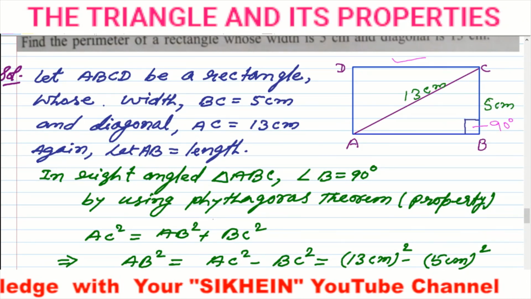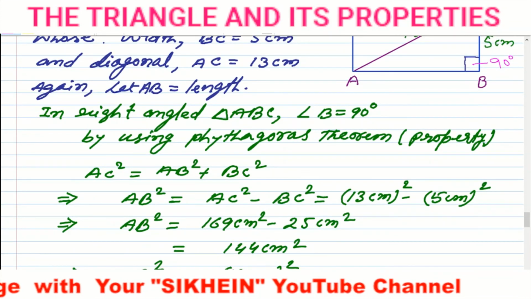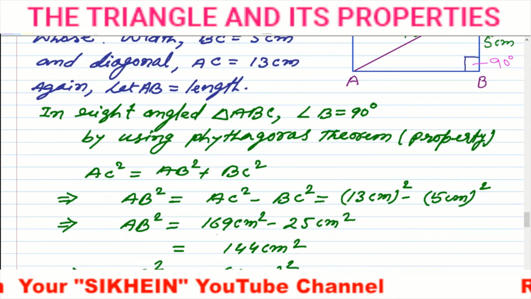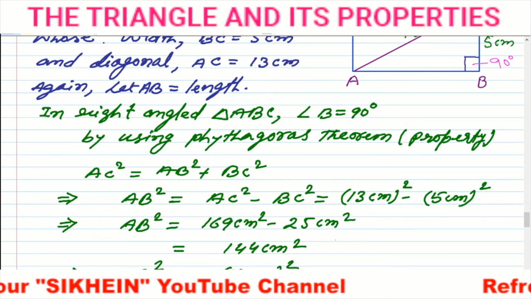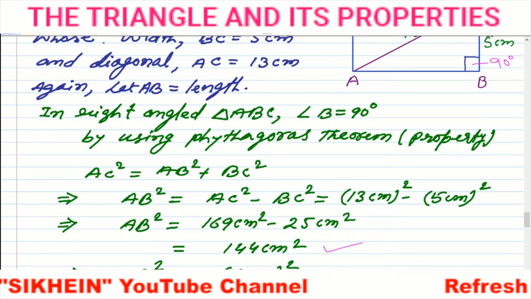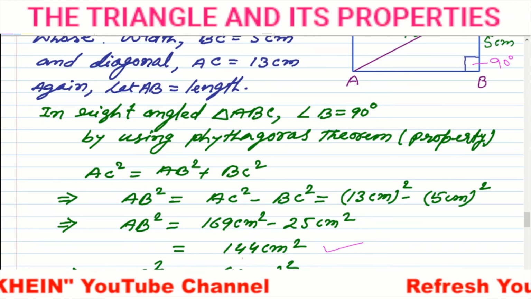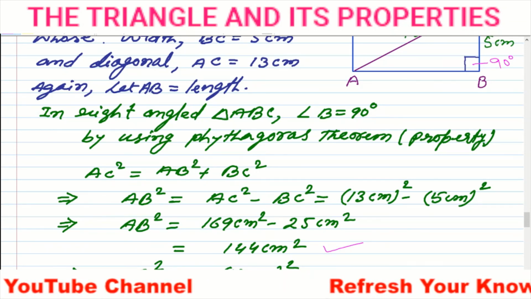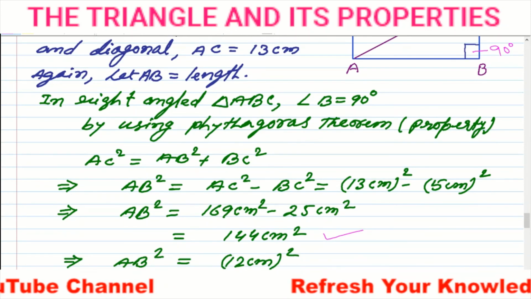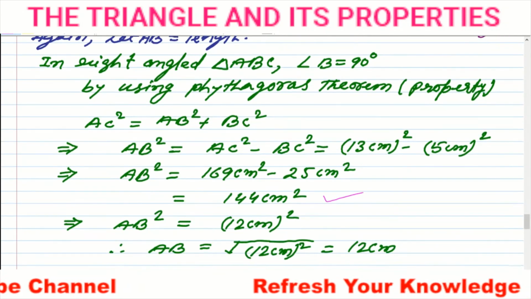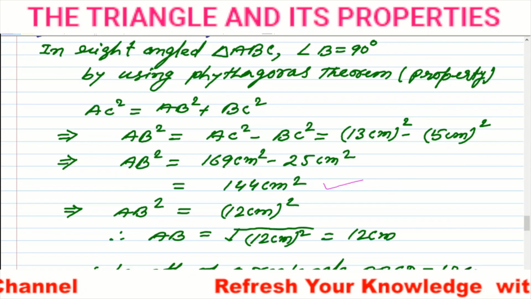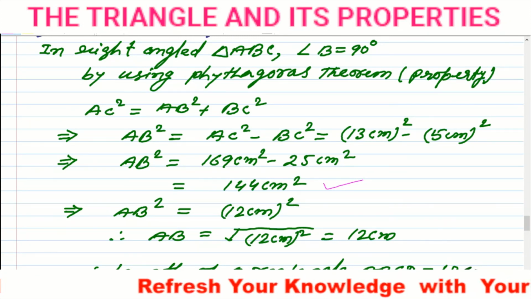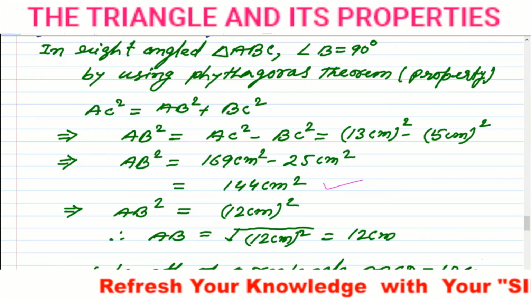AB square equal to AC square minus BC square, 13 centimeter whole square minus 5 centimeter whole square, equal to 169 centimeter square minus 25 centimeter square, 144 centimeter square. 144 is the square of 12, 12 square equal to 144. Cancel the square on left and right, and you get AB equal to 12 centimeter. Length of the rectangle ABCD equal to 12 centimeter.